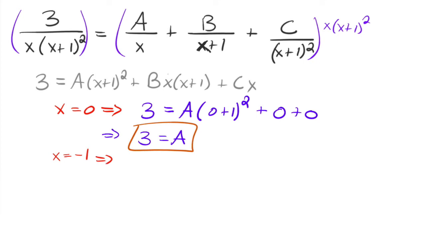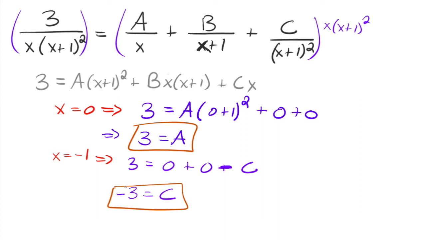It's going to be 3 equals 0 plus 0. Both this one and this one are going to get zeroed out. And then plus c times negative 1. So let's just make that minus c. So that means that c is going to equal negative 3.